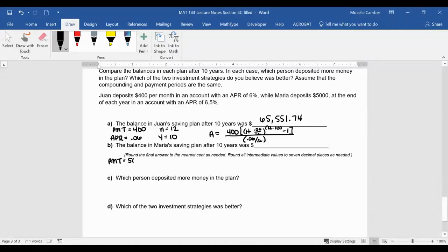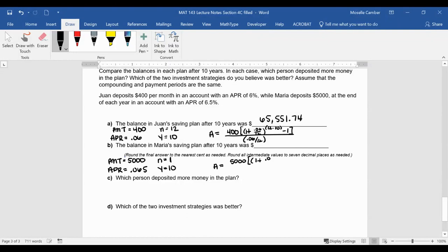Now Maria, she is doing $5,000, but she is only doing it at the end of each year. So she's only doing it once per year. So her n is 1. Her APR is higher at 0.065. And again, she is at 10 years. So she has $5,000 for a payment.